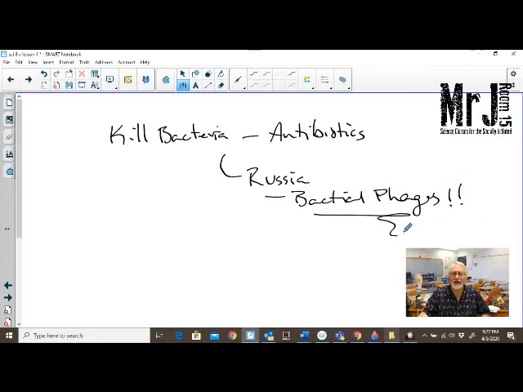They've collected lots and lots of these different bacterial phages that attack different bacteria. So if you have a bacterial infection, they can give you one of these phages for it, and it kills off the bacteria.